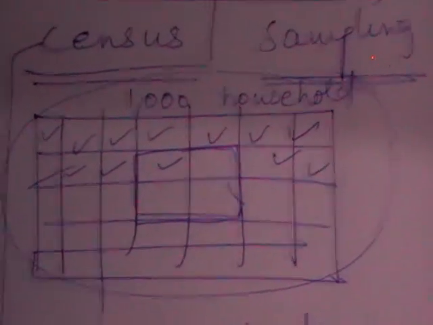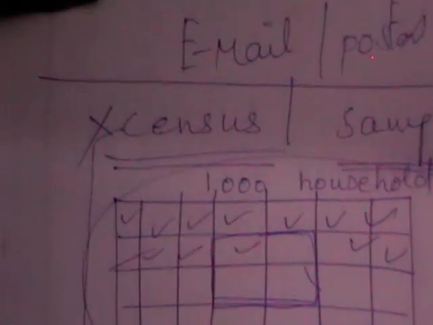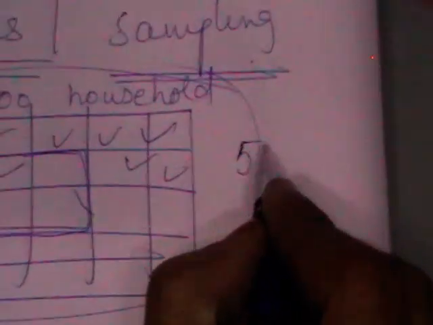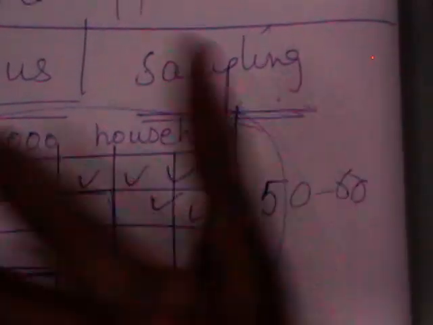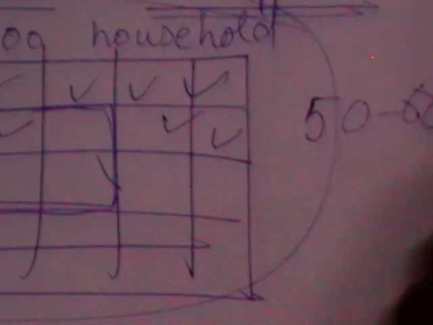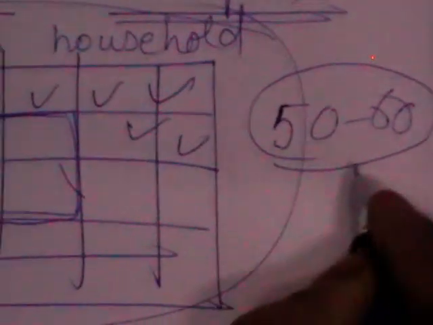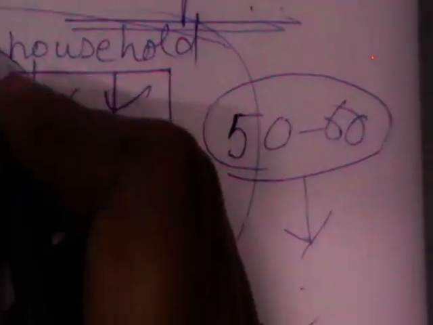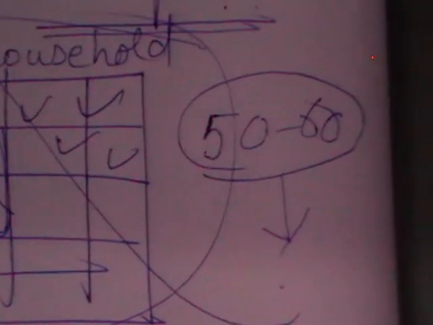If my purpose is to get information from 1,000 households and I am not preferring census, then out of these 1,000 units I collect, let us say, 50 or 60 units, and I get the required information from these 50-60 units only, in less time with less money, and I draw conclusions for the required study.